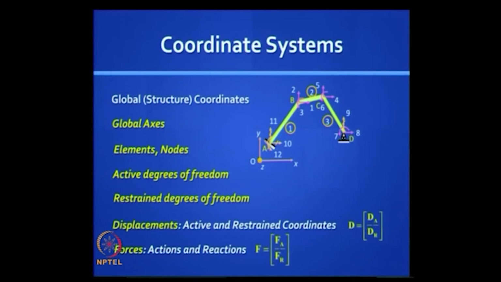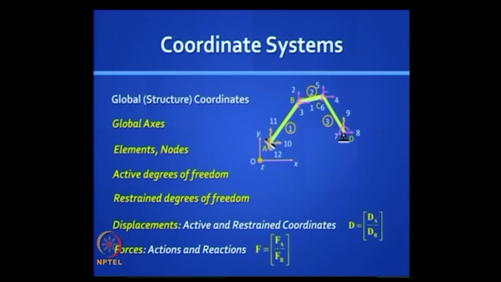So you can define a displacement vector dA and dr, which I can partition like that. I am putting all the restraints at the end of the list. The D vector has displacements at active degrees of freedom, active coordinate locations, and R stands for restrained coordinate locations.